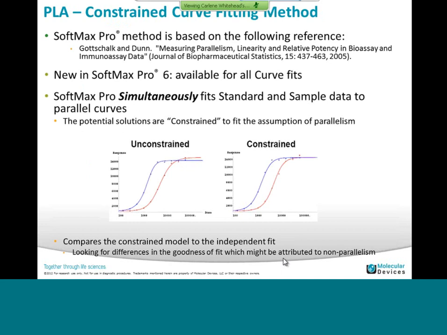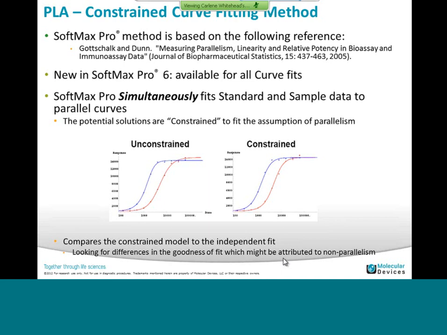Now we're going to move on to PLA for nonlinear regression, and this is called constrained curve fitting. In SoftMax Pro, it is based on the following reference, and you have the reference just below. This is now available for all curve fit models in SoftMax Pro 6. And what will it do?